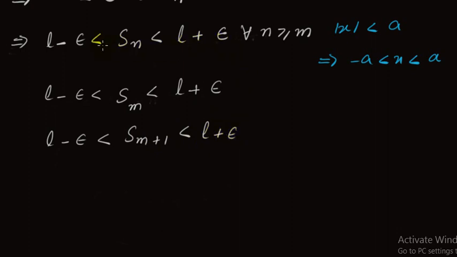The reason is this relation holds for all values n greater than or equal to m, and this relation holds for Sm plus 1 because m plus 1 is greater than or equal to m. Similarly, we can write L minus epsilon is less than Sm plus 2 less than L plus epsilon.